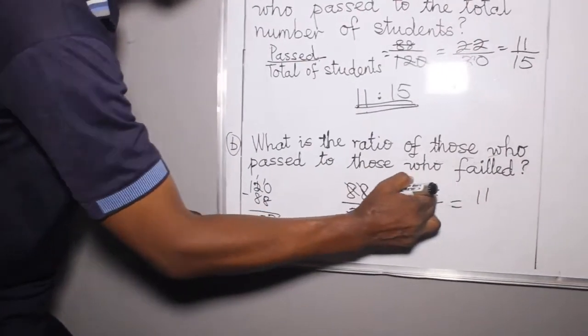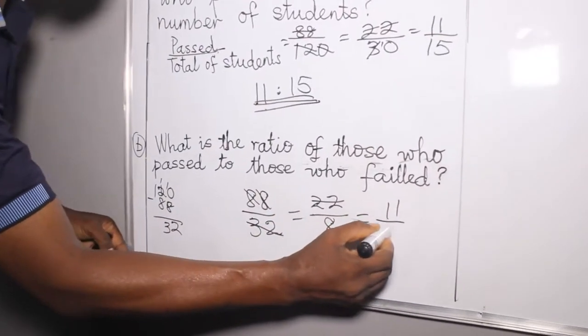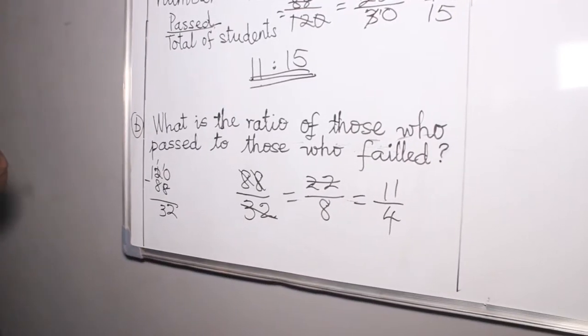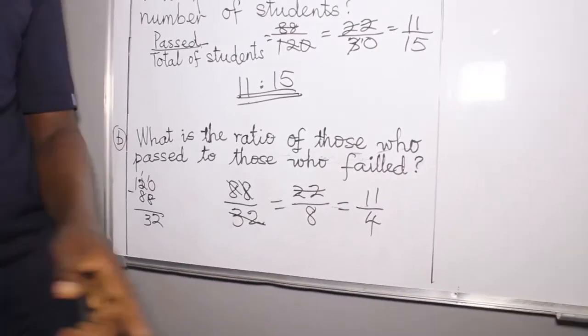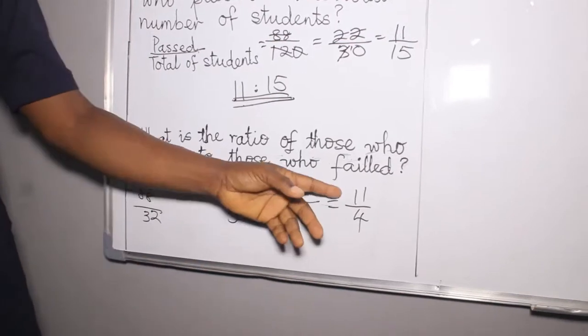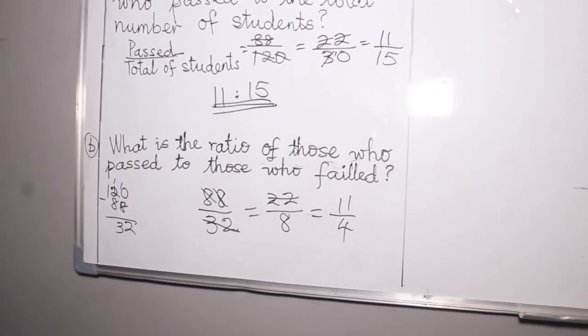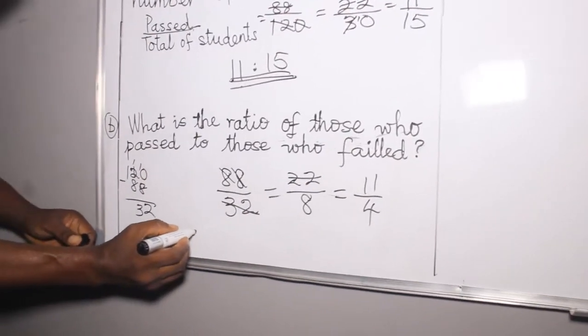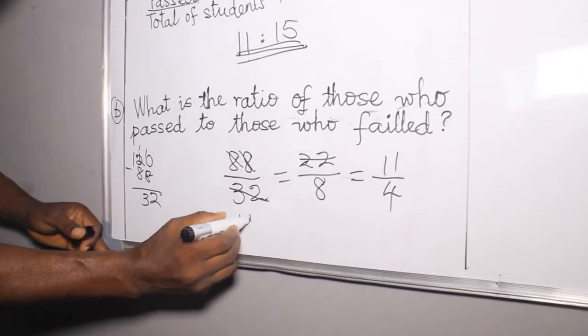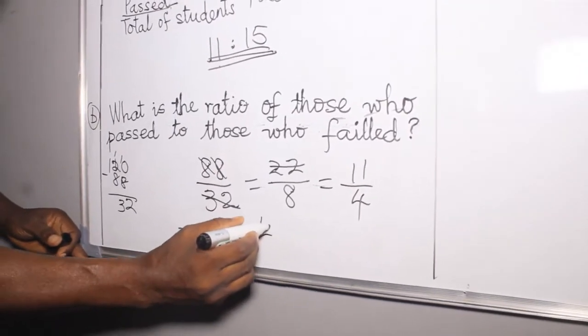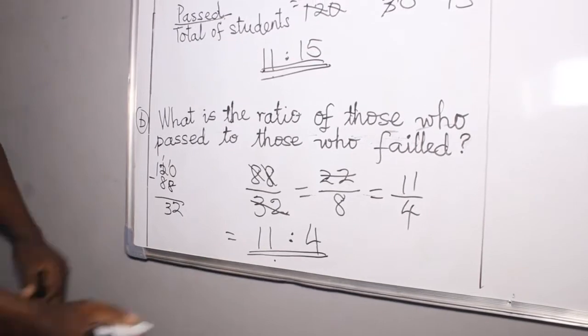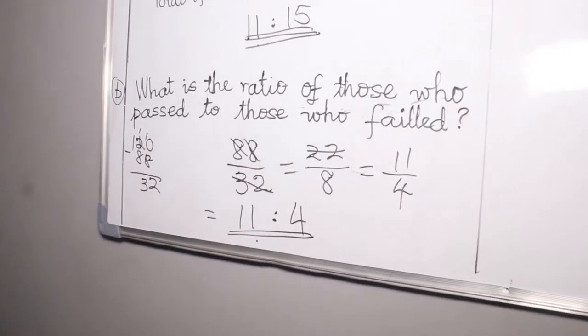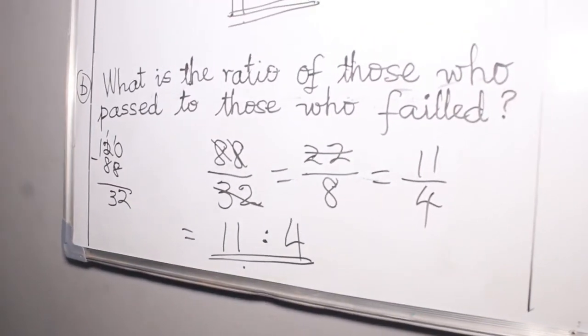That is 2 here, 1, 2 here, 1. 2 goes here, 4. At this point in time, there's no way to reduce it further because 11 is a prime number. Therefore, the final answer is 11 is to 4. And that's the final answer. And this ends the first example.